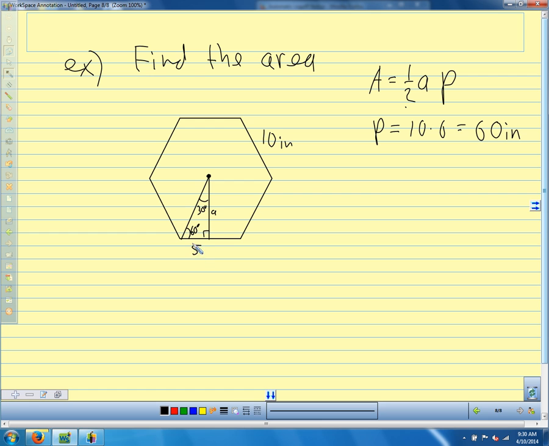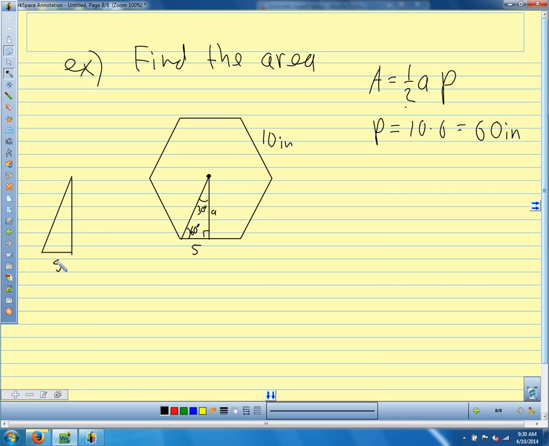Is 5 the short, the long, or the hypotenuse of this 30, 60, 90 triangle? Which side is it? The short side. How do I go from the short side to the long side? Multiply by the square root of 3. If it helps, you can always redraw this triangle outside of your hexagon.